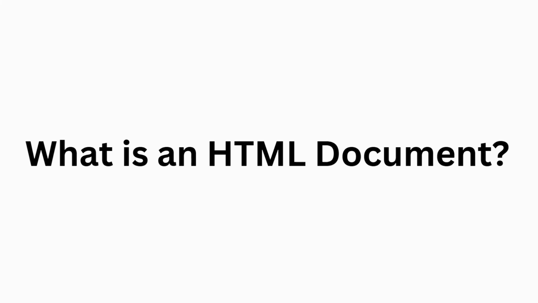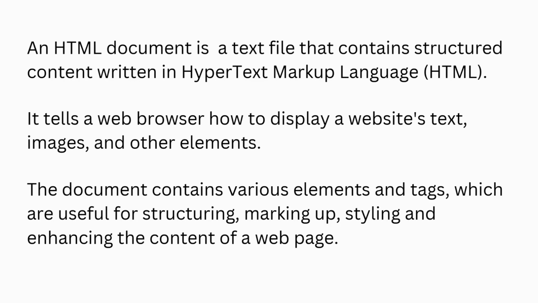What is an HTML document? In web development, an HTML document serves a purpose similar to a Word document for word processing. An HTML document is a text file that contains structured content written in HTML.